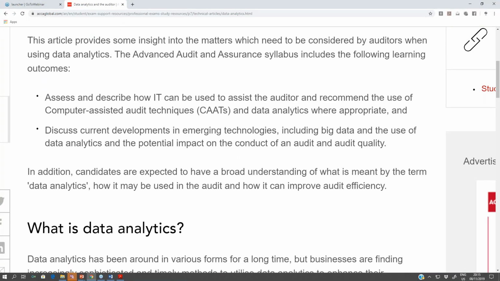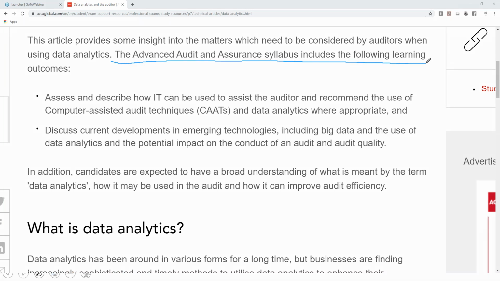I'm reading and I'll stop where I need to emphasize. Keep your focus on the screen. This article provides some insights into the matters which need to be considered by the auditor when using data analytics. The Advanced Audit and Assurance syllabus includes the following learning outcomes, right?